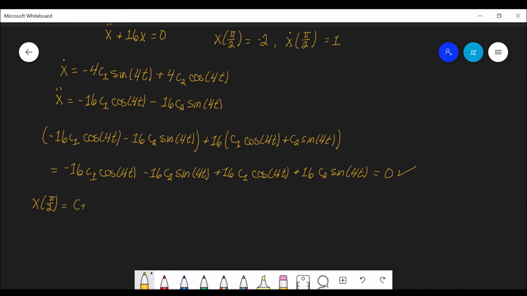So we're going to get C1 cosine of 4 times pi over 2 plus C2 times sine of 4 times pi over 2, which is C1 cosine of 2 pi plus C2 sine of 2 pi over... which is C1 cosine of pi over 2 plus C2 sine of pi over 2.